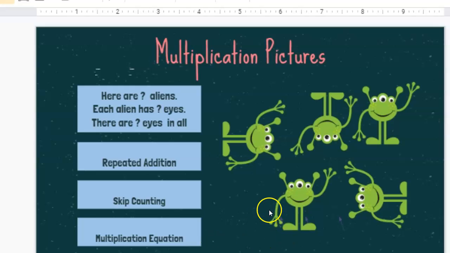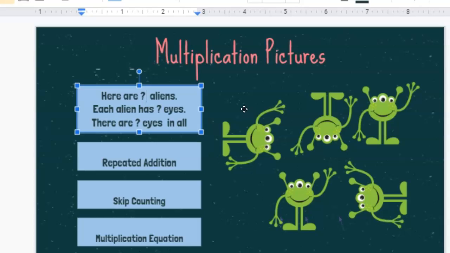Ooh, we have to figure this one out. How many aliens do I have? Well, let's count. I see 1, 2, 3, 4, 5 aliens. Each of the aliens has 3 eyes, but we don't know the total yet. So let's go down here and write our repeated addition problem.